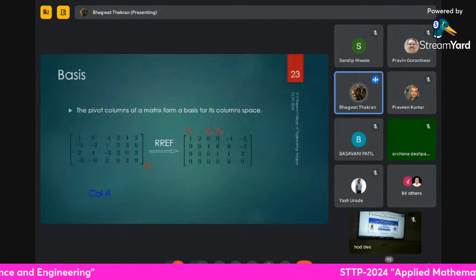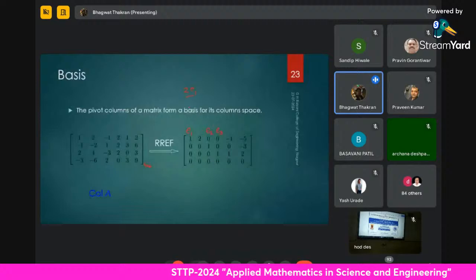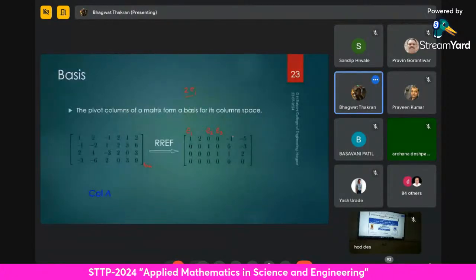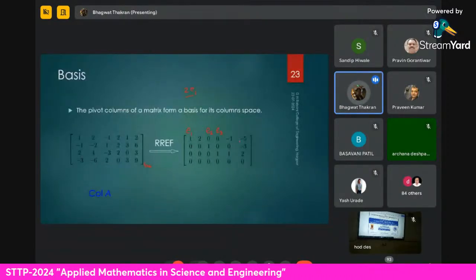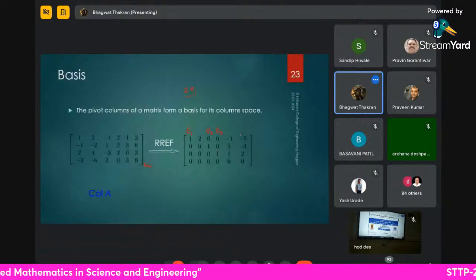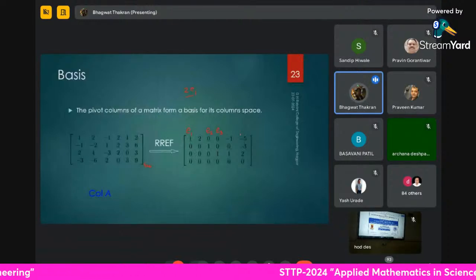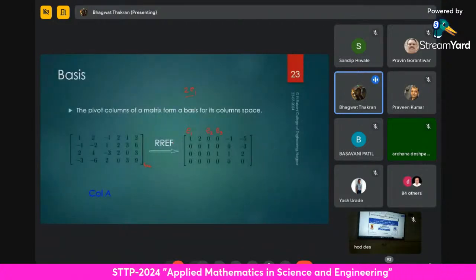The second column is just a multiple of e1, twice e1. The rest of the columns have not been converted into standard vectors. So row reduced echelon form is to find the standard vectors.